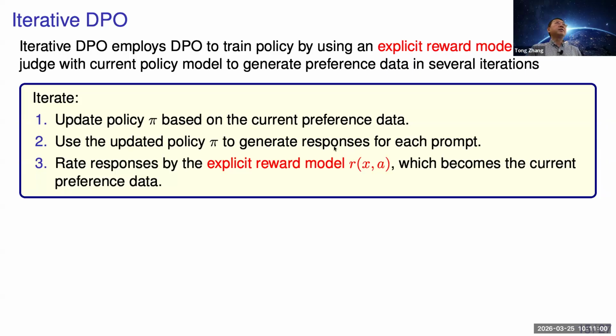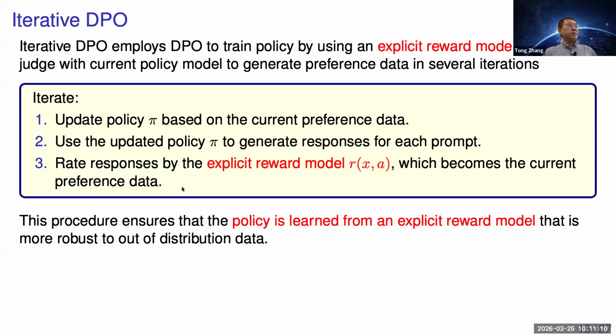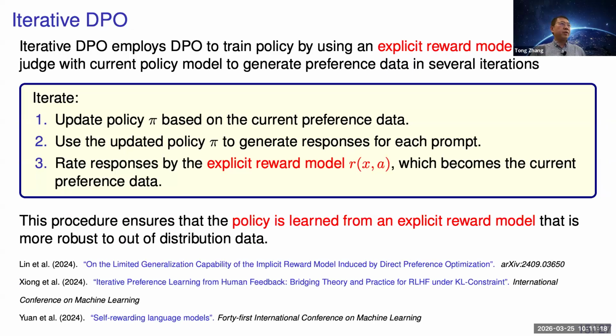It's not supervised data. Is that clear conceptually? RL versus supervised learning. Okay, once you have that, you have RL, so then you are done. So this one is a policy learned from an explicit reward model, and it handles out of distribution data better. This is a claim. We will come back to it quickly. There are a bunch of papers that talk about that.